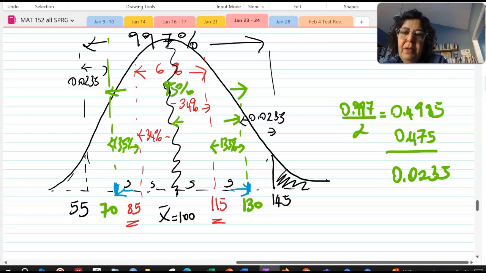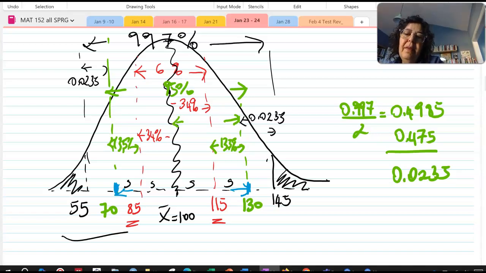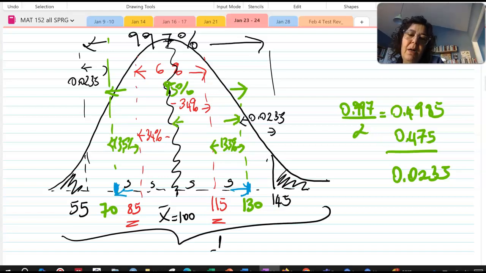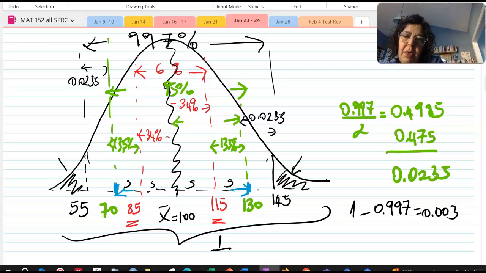Okay, and then what also matters for us are the little tails. So how much is left? The way we're going to do that, we're going to accept that the whole thing is 1. So 1 minus 0.997 will be 0.003. And because it's symmetric, the portion here and here should be the same. If we divide 0.003 by 2, we will get 0.0015.